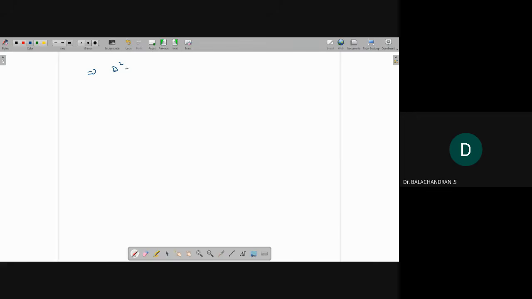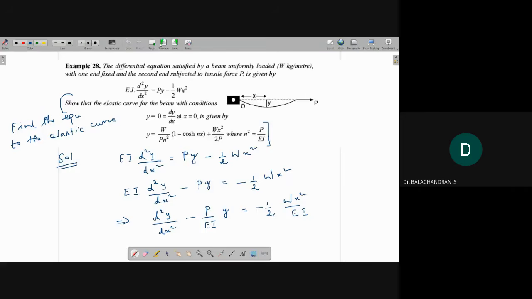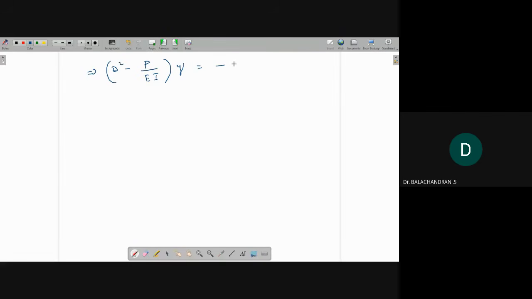D square minus P divided by EI into y equal to minus w by 2EI into x square, where d square equals d square by dx square.